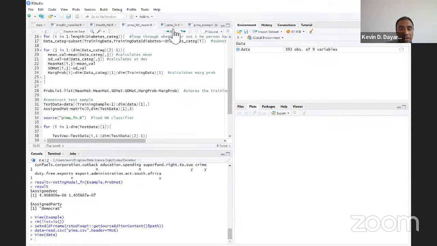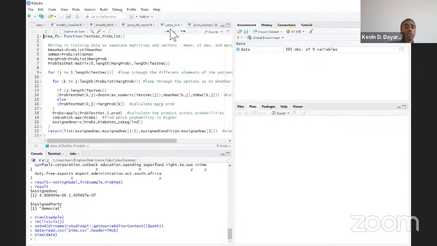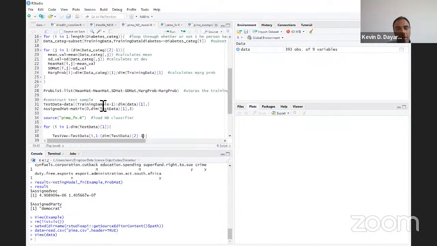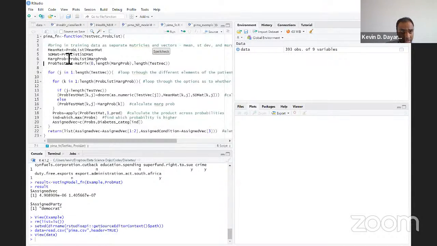Then you load your classifier function, which is right here, the PIMA function. It's basically the same rigmarole as before. It loads a row of your test data, which was constructed right here, the subsequent observations after the training sample onward to the rest of the data. And you have the mean, standard deviation, and marginal probability here.